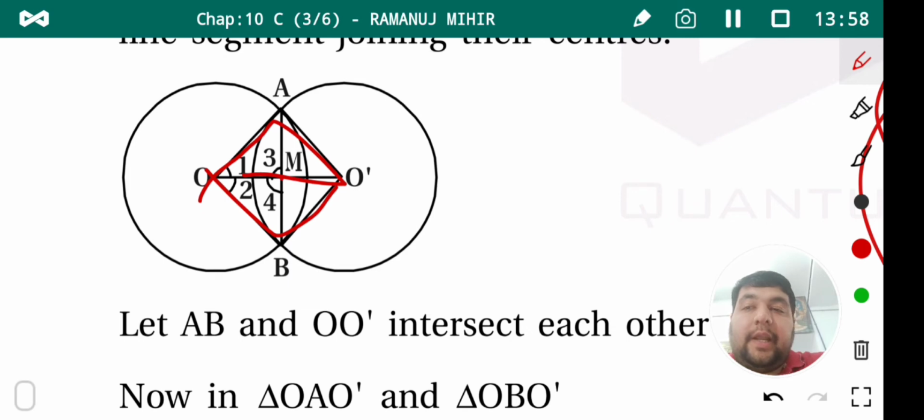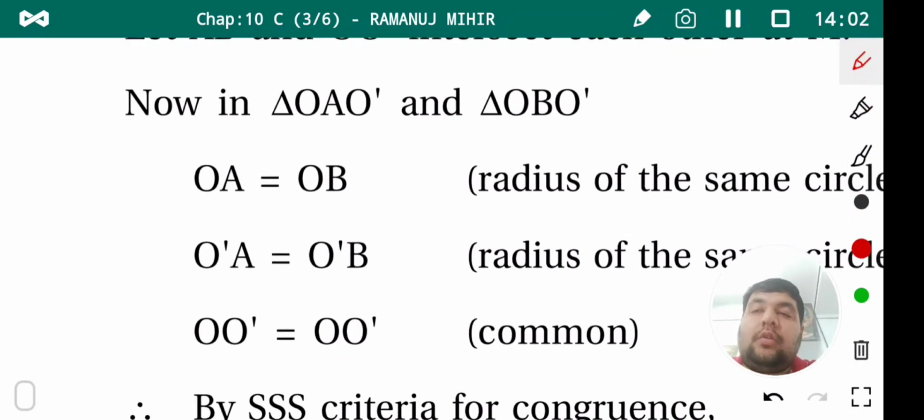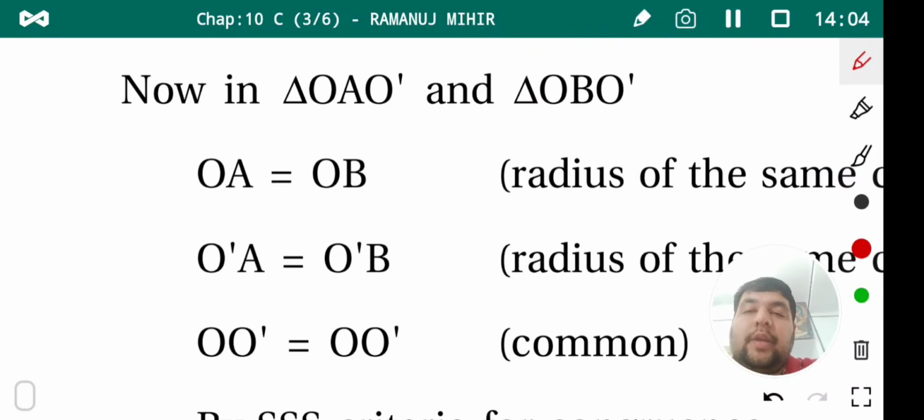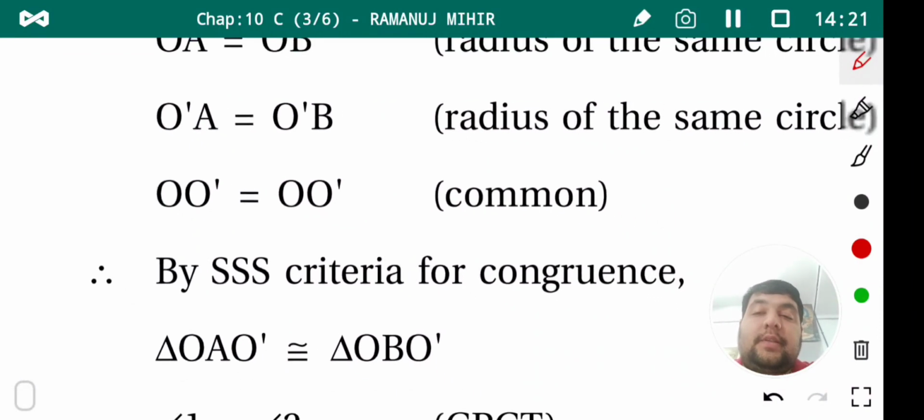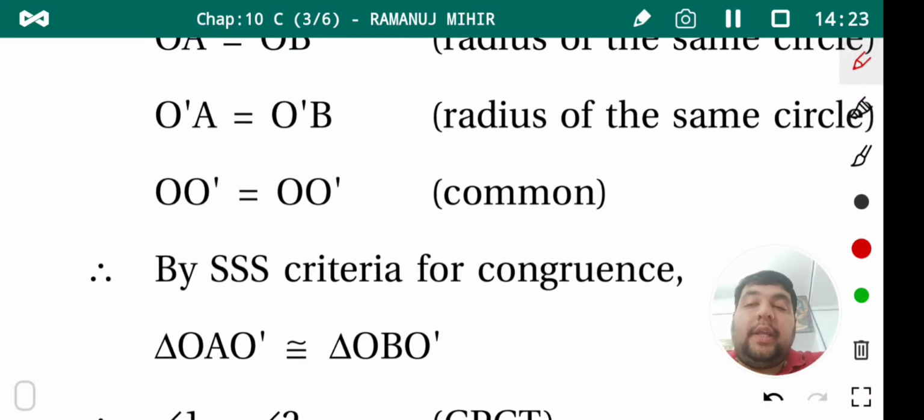Take both triangles and you will see OA is equal to OB because it is a radius. O dash A is equal to O dash B because it is also a radius. And OO dash is common to both. So by the SSS criterion for congruence, triangle OAO dash is congruent to triangle OBO dash.